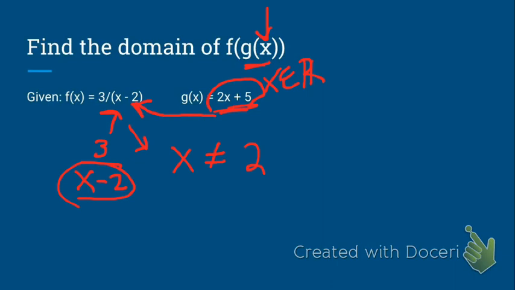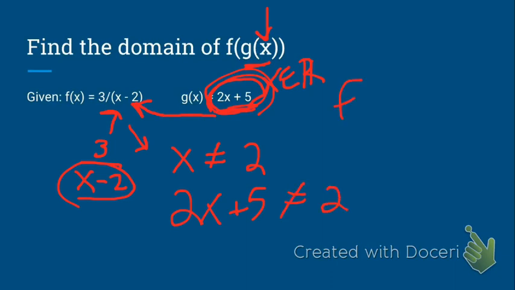And what's going into f? g of x. So what you do is you simply take the range of g of x, which is what g of x equals, 2x plus 5, and say that can't equal 2, and then solve.